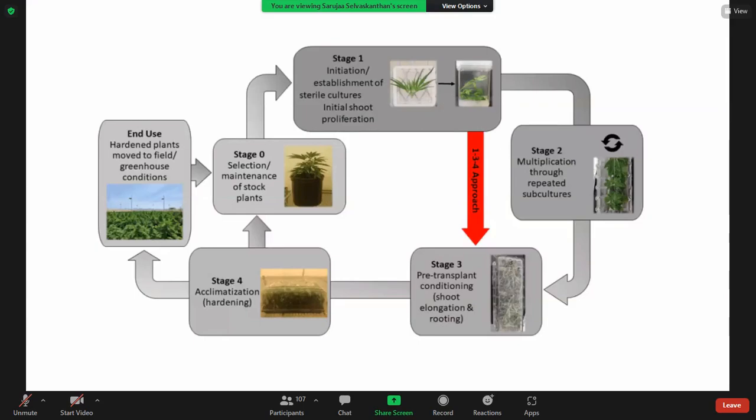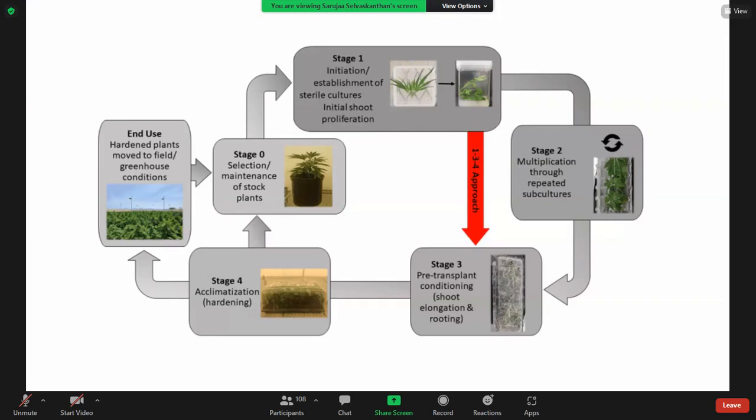In rooting media, auxin is important for rooting. So in that medium, if it is MS media, along with the MS media components, we have to add auxin. Mostly naphthalene acetic acid and indole butyric acid are used for rooting. We add it, and then we can observe the roots after a few weeks.